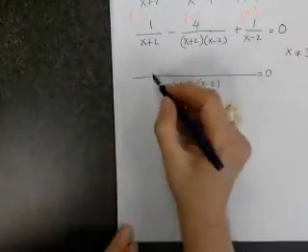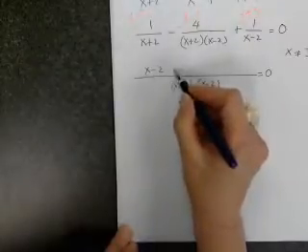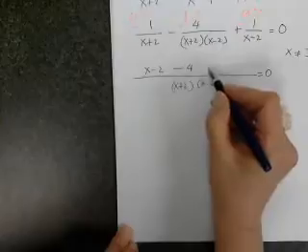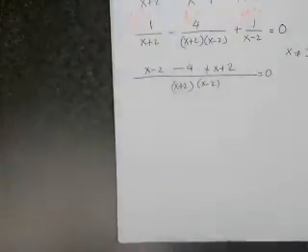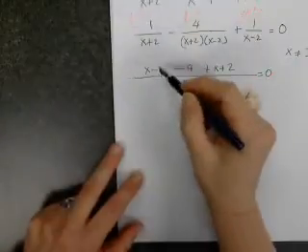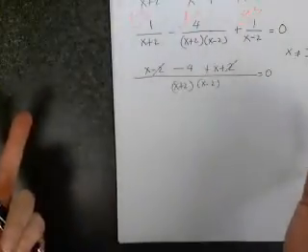Good. Now I combine like terms. I see that the negative 2 with positive 2, when I add them up, I get 0.